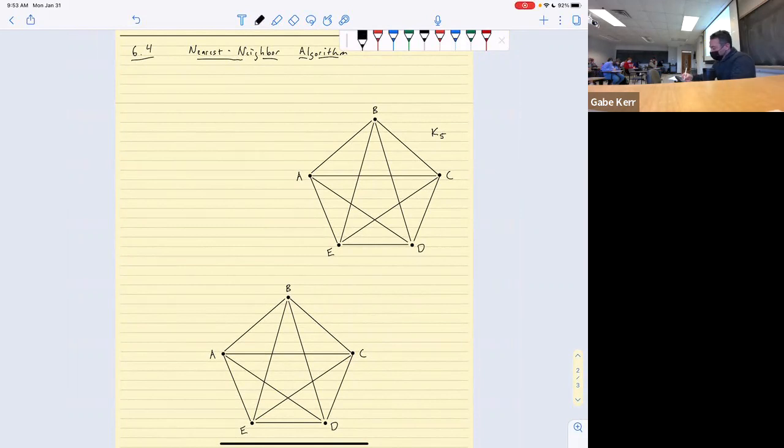Okay, so first step is to choose a starting vertex. And this algorithm will give us a path, which we can then complete into a cycle, our circuit, excuse me, if we want. Step 2, which we'll repeat over and over again, is to find the nearest neighbor.